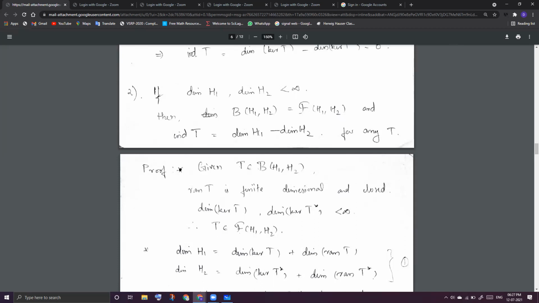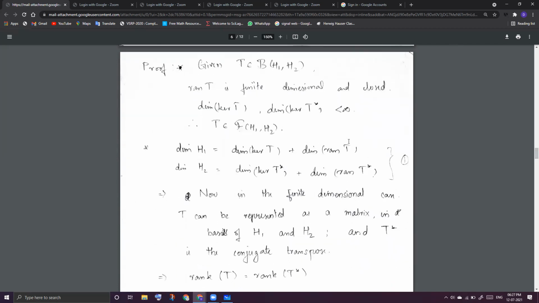So to prove this, we remember the rank-nullity theorem. The dimension of H1 is equal to the dimension of the kernel of T plus the dimension of the range, and similarly for T star. In the finite dimensional case, T can be represented as a matrix, and T star is the conjugate transpose of that matrix. So their ranks are going to be the same.